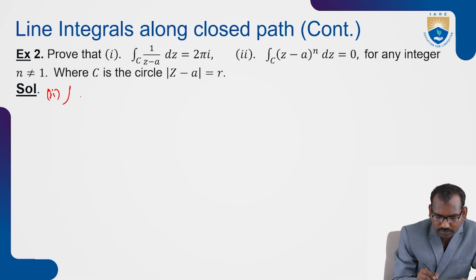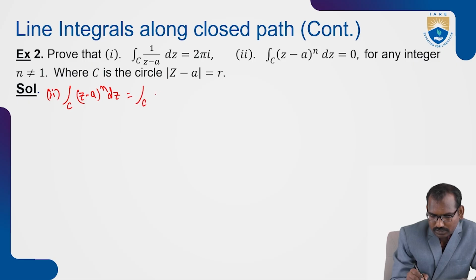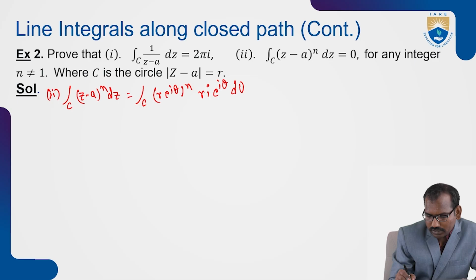So I have to evaluate the integral along C of (z minus a) whole power n dz. So the integration along C is (r e power i theta) whole power n, and dz is r i e power i theta d theta.